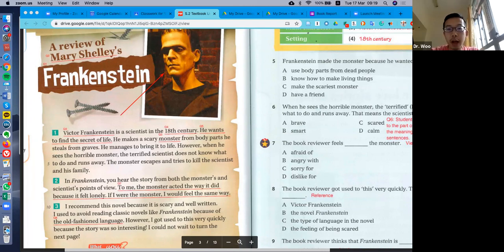And what evidence in the text shows how we know that the person, the thing in the picture is Frankenstein? All right, so that's our little reading comprehension task today.